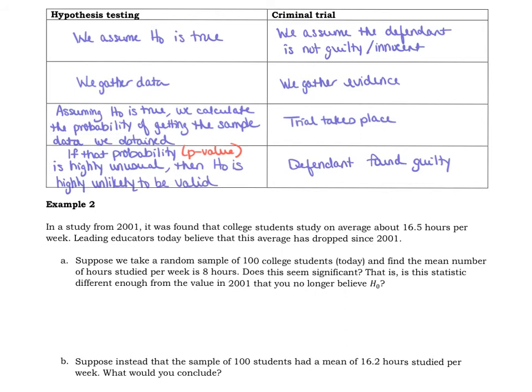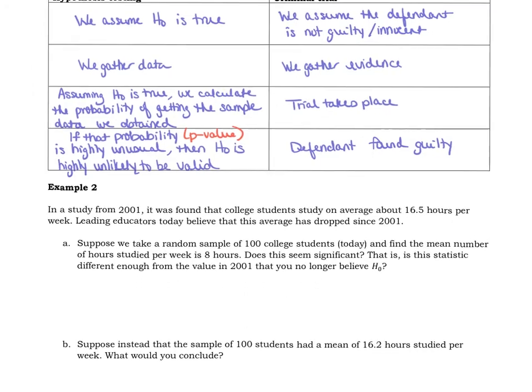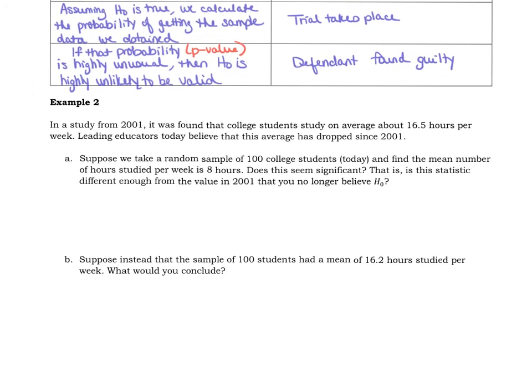All right, so real quick here, let's go through just a couple of examples. We've already looked at this one. In the 2001 study, college students were found to study 16 and a half hours a week on average. Leading educators today believe that the average has dropped. So let's say we take a random sample of 100 college students today, and we find the mean number of hours studied a week is 8 hours.